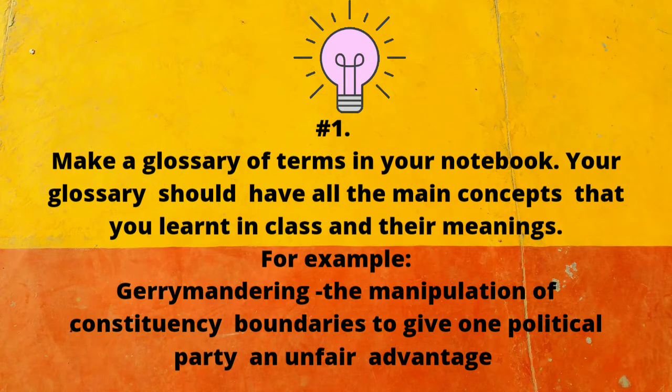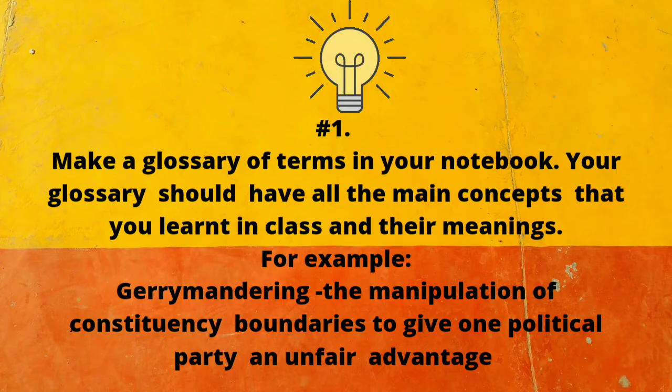The idea is to get a book, or somewhere in your notebook, and make a glossary of terms with Social Studies concepts. I think that you will find this to be very, very helpful. It helps to build your vocabulary, so when you're studying, you can go back to your glossary of terms and do additional reading from there. So that's my first tip.